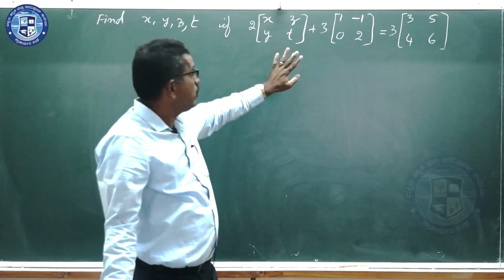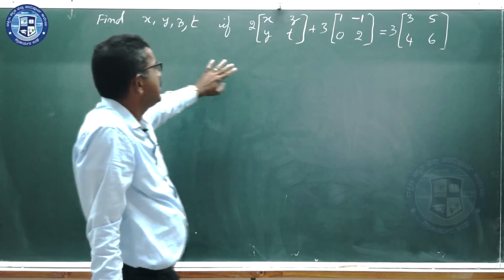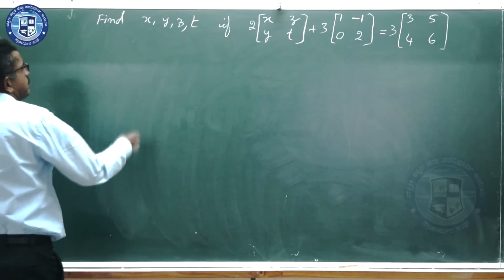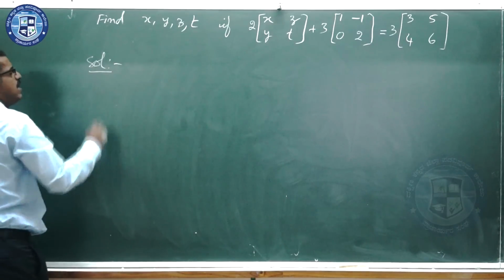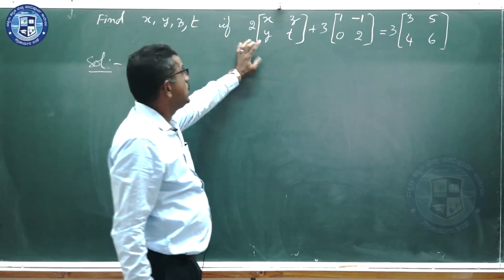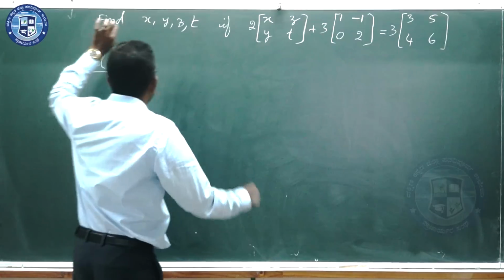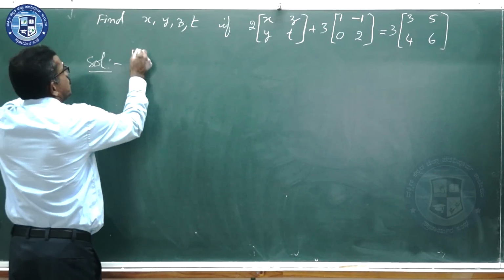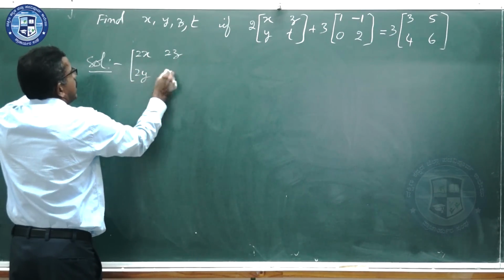So this is the equation given. You are asked to find the values of x, y, z and t. I don't want to repeat the same question once again. Let me make use of the same expression which is found here. We need to multiply all elements of the first matrix by 2, and as a result we get here 2x, 2z, 2y, 2t.